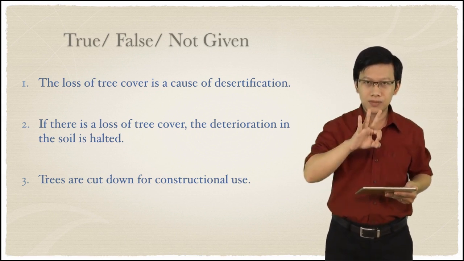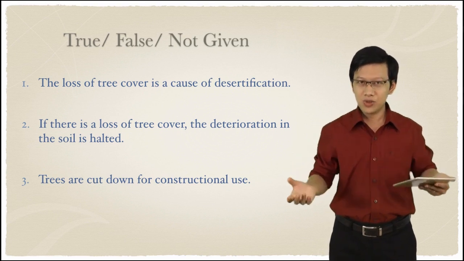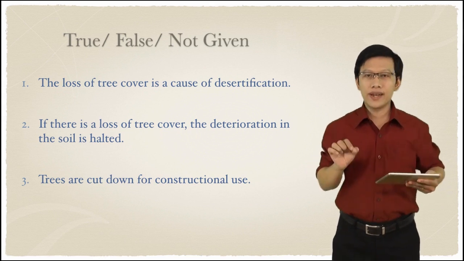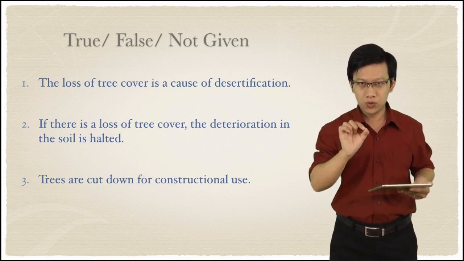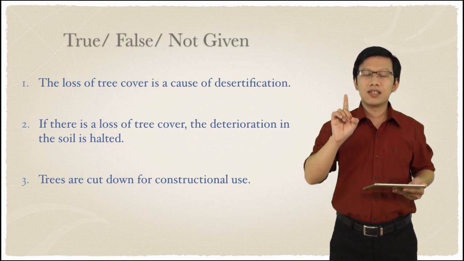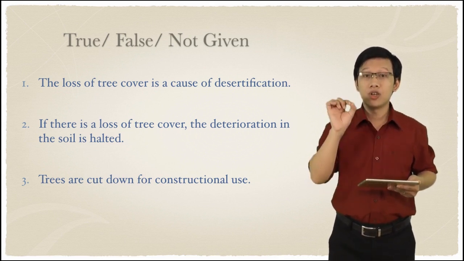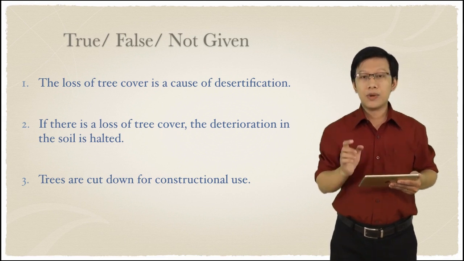We have three statements. We have to decide whether they are true, false, or not given, based on the text. So when is a statement true? Let's say a statement is true when all of the information in it is correct. Now we're going to see.